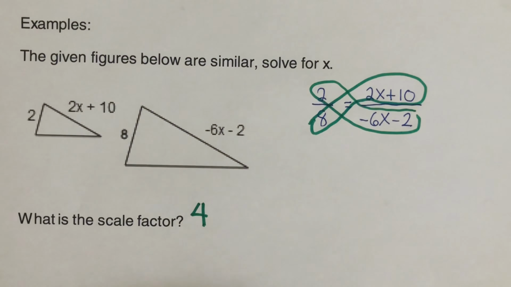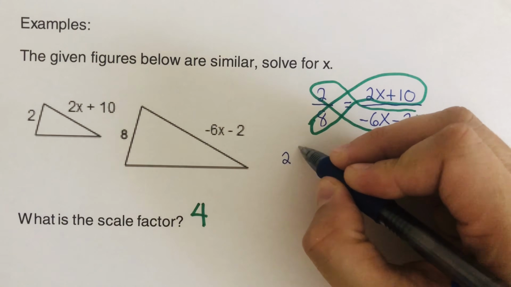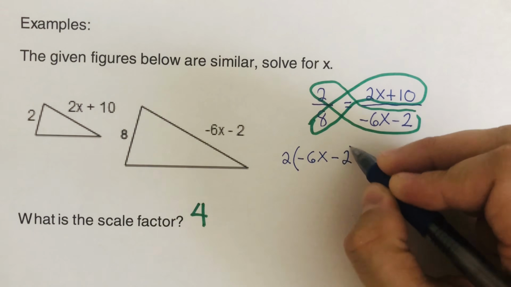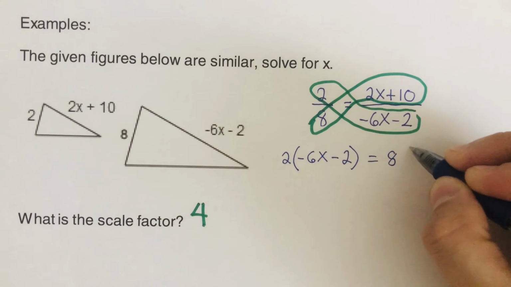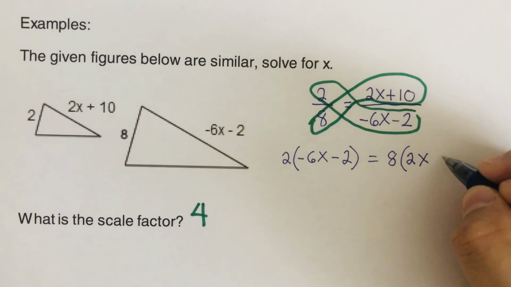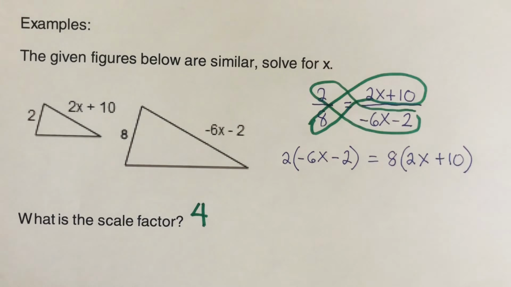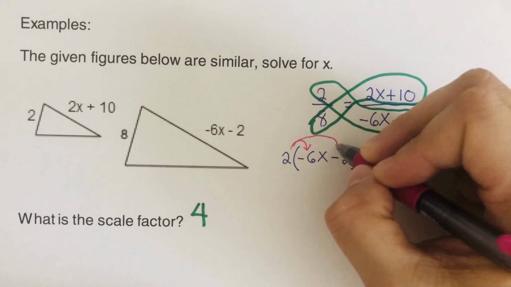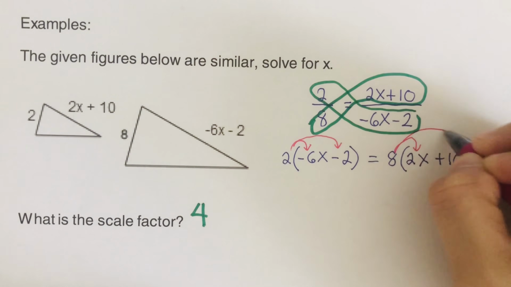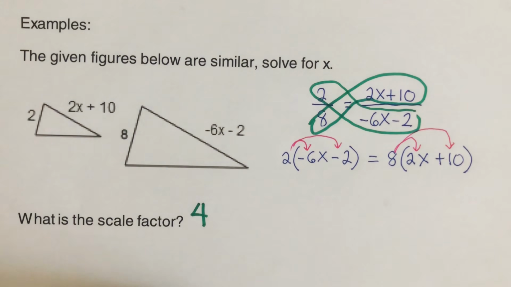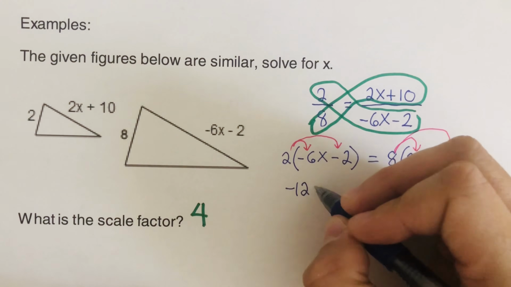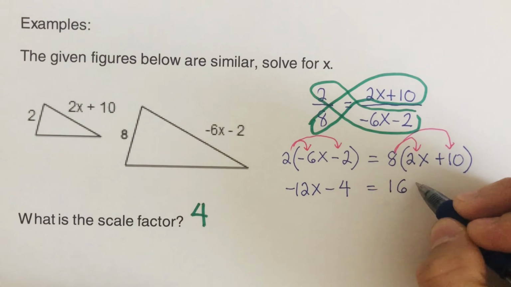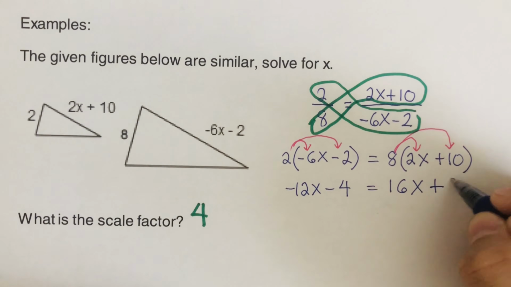So that would be 2 times negative 6x minus 2 equals 8 times 2x plus 10. And then we are going to use the distributive property and distribute the 2 to both terms inside the parentheses. So this should come out to be negative 12x minus 4 is equal to 16x plus 80.